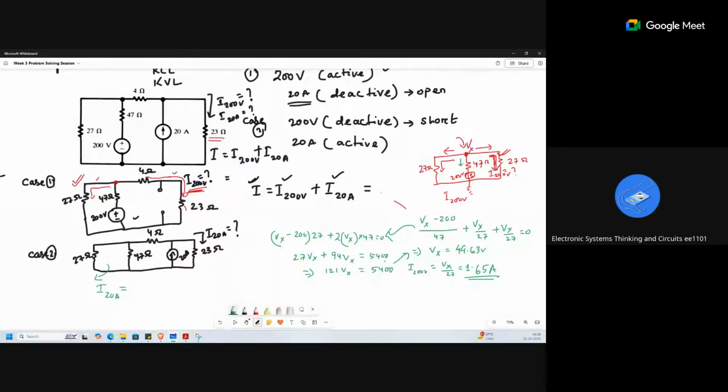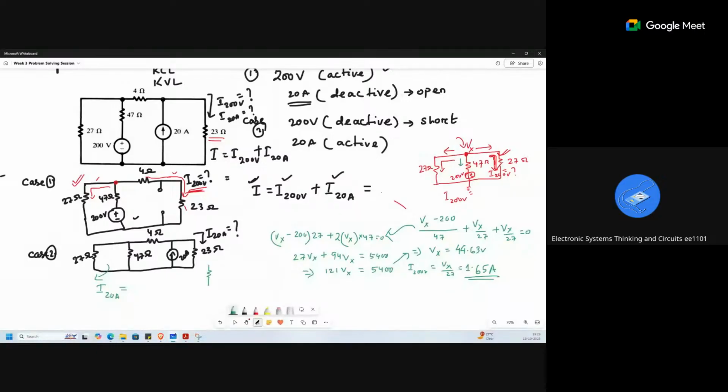Ma'am, I think 27 ohm and 47 ohm in parallel is equal to 17 ohm, in parallel with 23 ohm. No, it is not required to do the 23 ohm parallel. I again repeat, your objective is to find out the current through the 23. So I should not take this in the effect of the equivalent resistance.